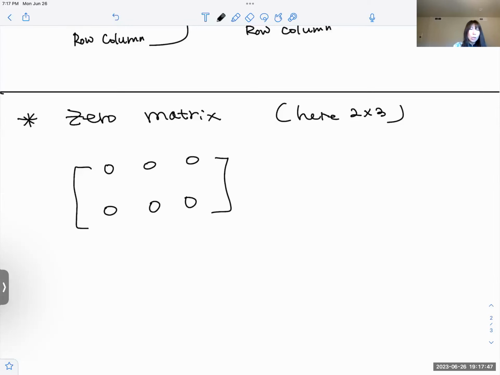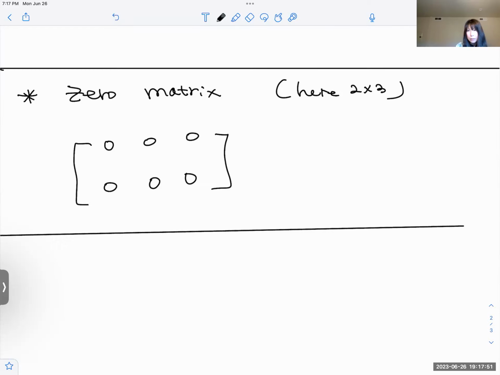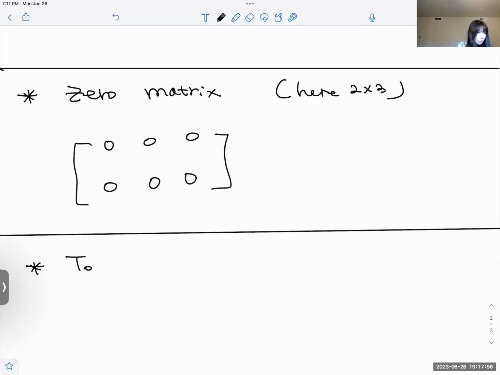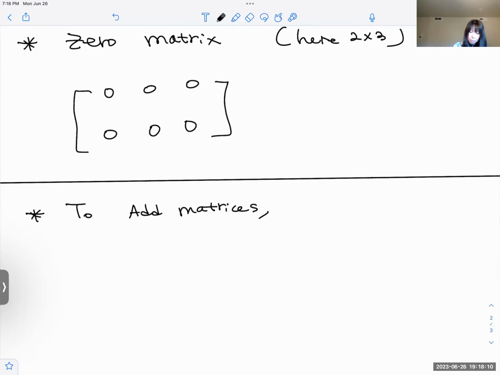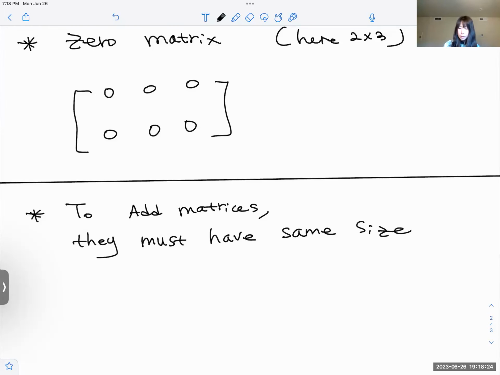Okay, now, how to add matrices? To add matrices, they must have the same size.